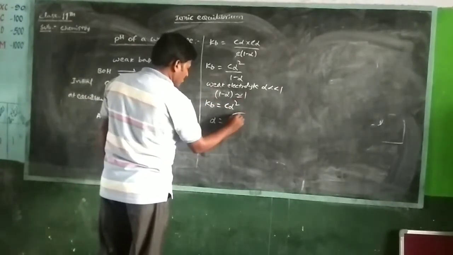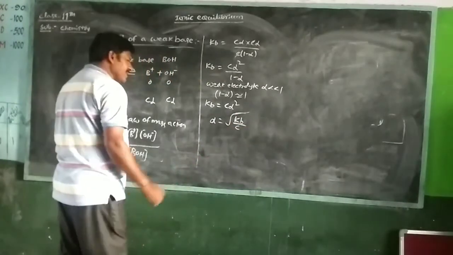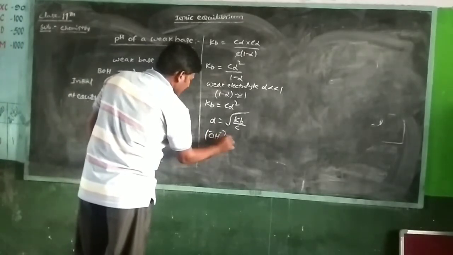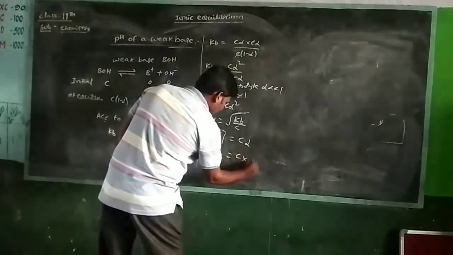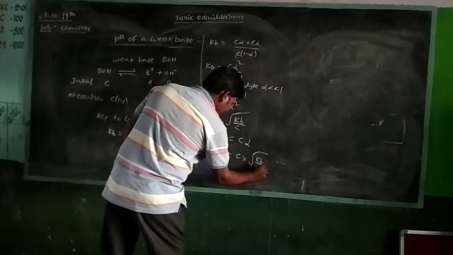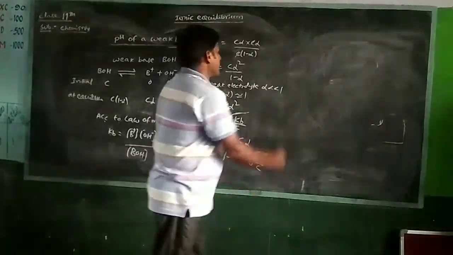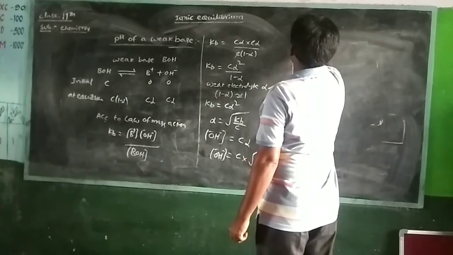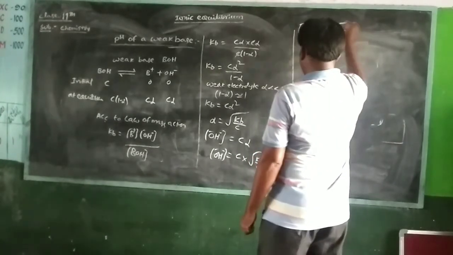Alpha is equal to root of Kb by C. Already OH minus concentration is C alpha, that is C into root of Kb by C. You can write OH minus concentration is equal to root Kb C.